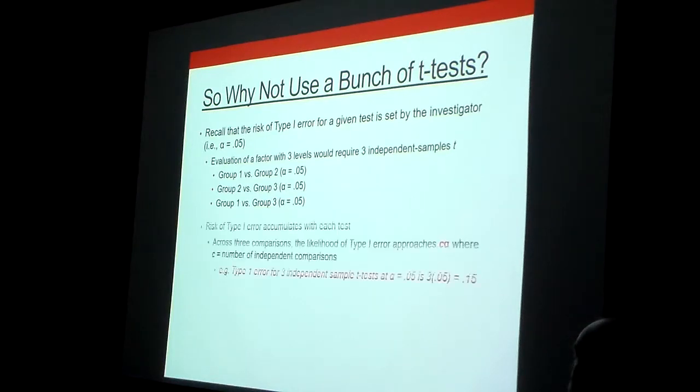But what happens is our risk of type 1 error accumulates, not additively, but accumulates with each test that we're running. Across these 3 comparisons, the likelihood of our type 1 error starts to approach C times alpha, where C is the number of independent comparisons.